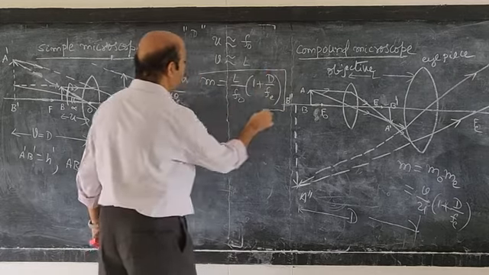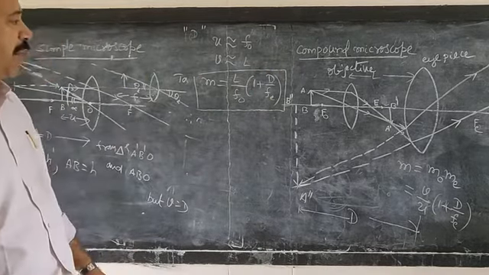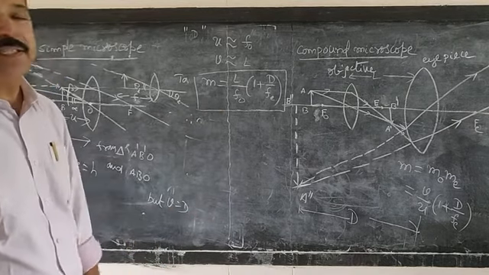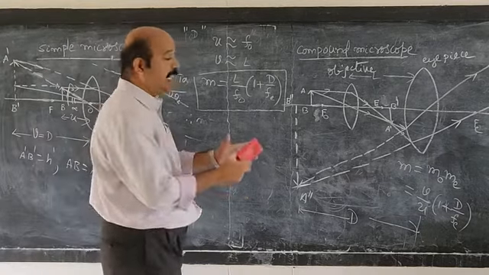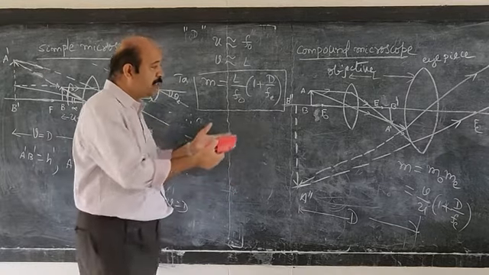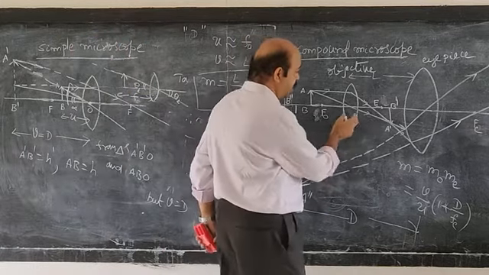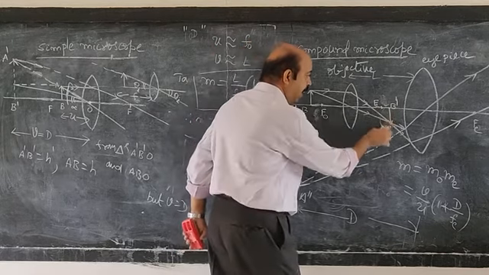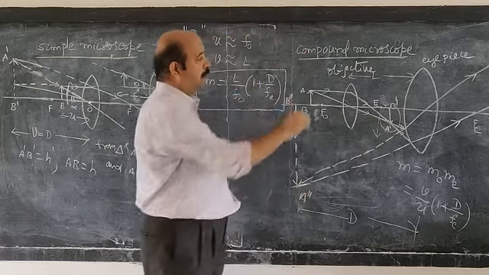So this is the formula for magnification of a compound microscope when the final image is formed at the least distance of distinct vision. Similarly, suppose for relaxed vision, the final image is formed at infinity. So when the final image is formed at infinity, you have to adjust the distance between the object and objective, and this image should form exactly at the focus of the eyepiece.